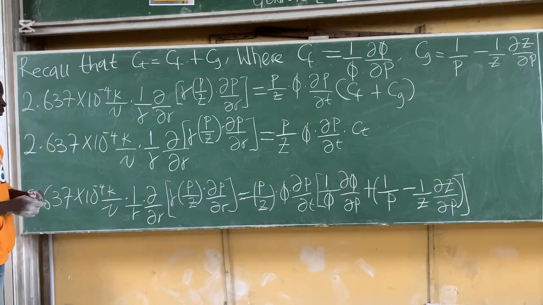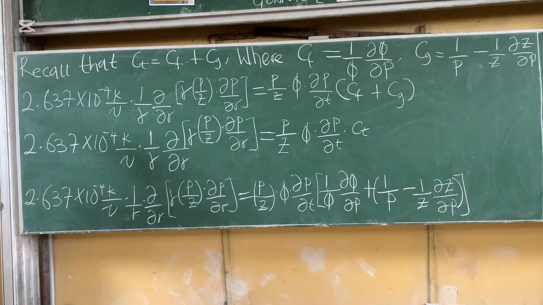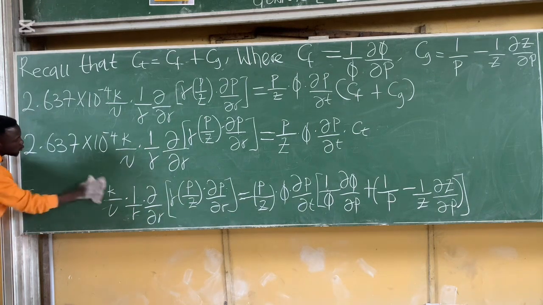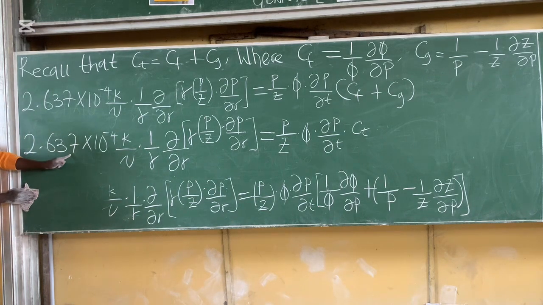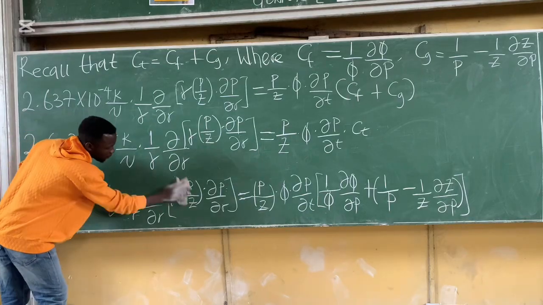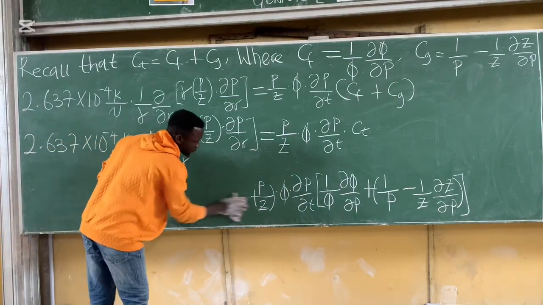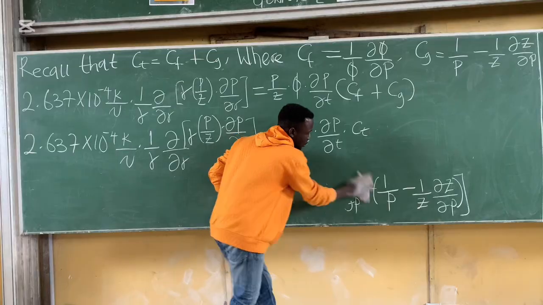So we have this. Since we already have this, the next step now is to divide through by 2.637 times 10 raised to the power minus 4k over mu. Divide through by the constant.